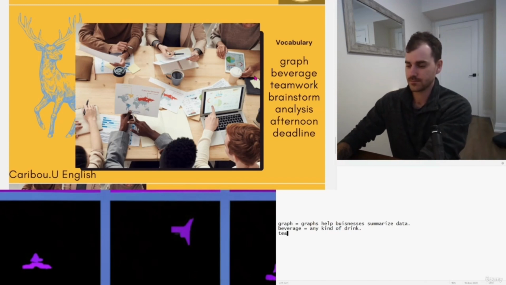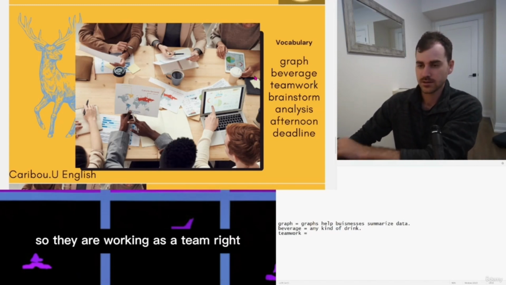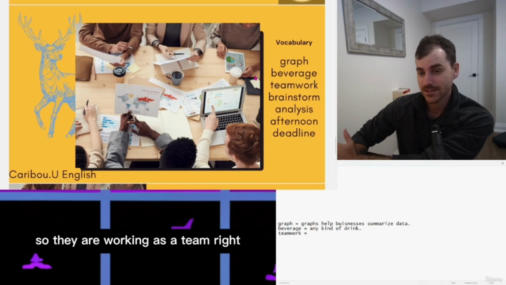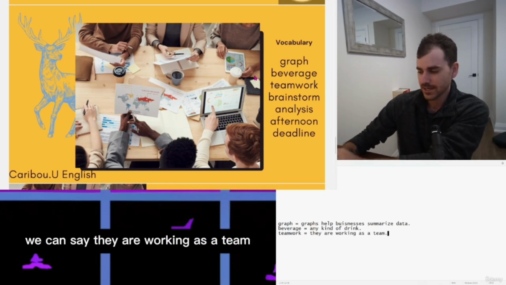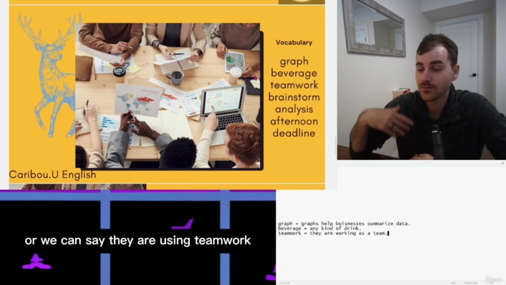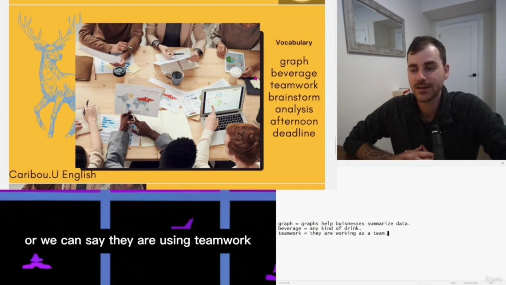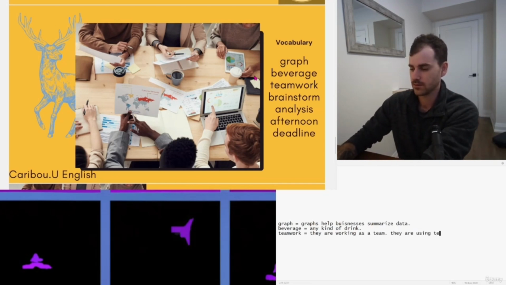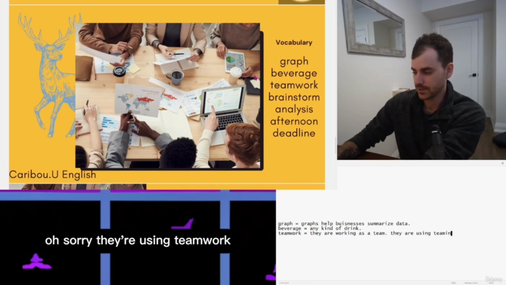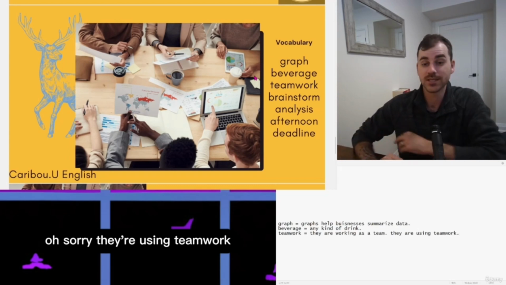Teamwork. So they are working as a team, right? We can say they are working as a team, or we can say they are using teamwork. Oh, sorry. They're using teamwork.